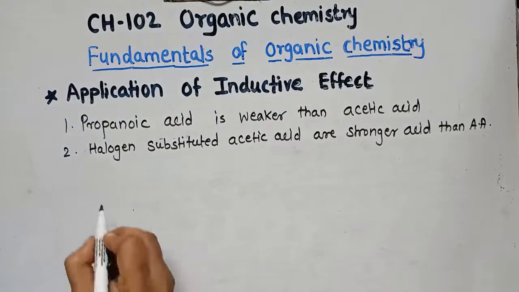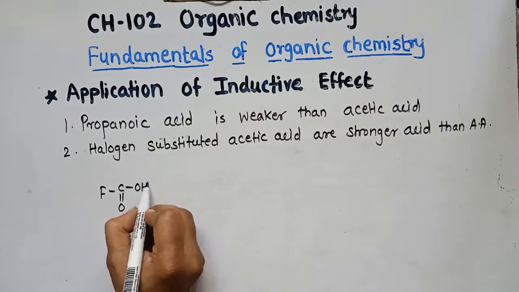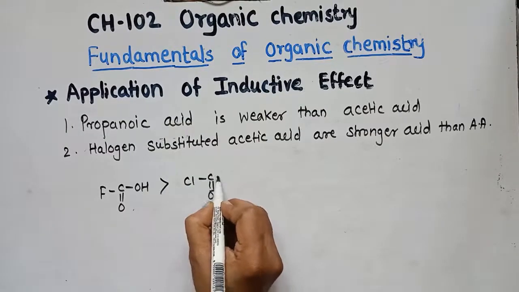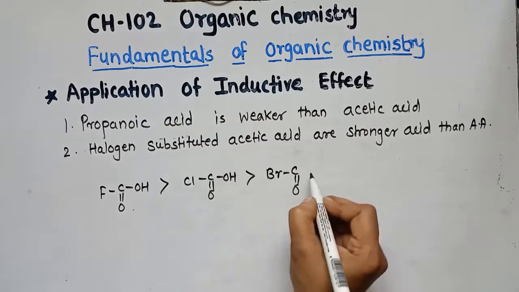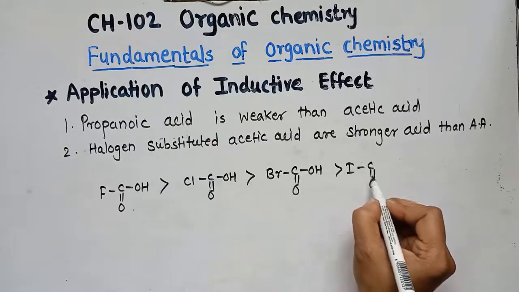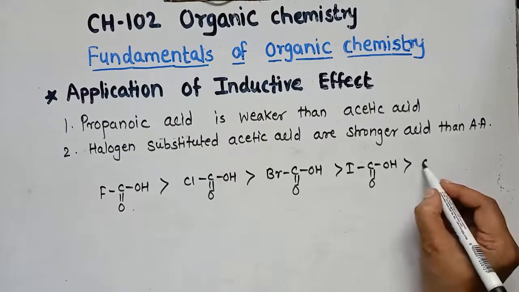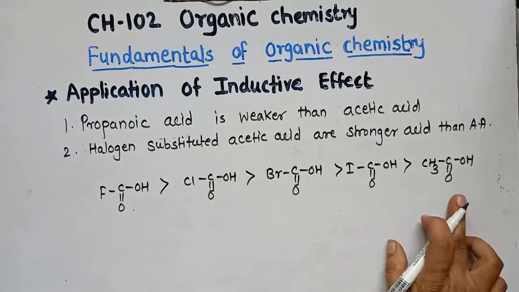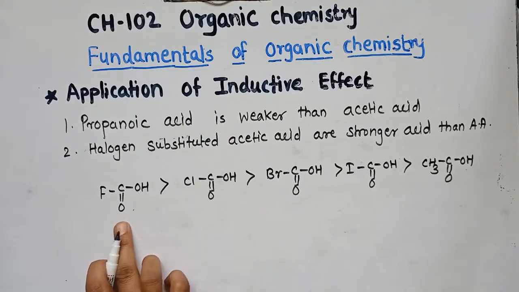So for halogen substituted acetic acid, we consider fluoroacetic acid, then chloroacetic acid, then bromoacetic acid, then iodoacetic acid. I am not going to write the names, you have to write them in your notebook. And this last one is acetic acid. So acetic acid, iodoacetic acid, bromoacetic acid, chloroacetic acid and fluoroacetic acid.